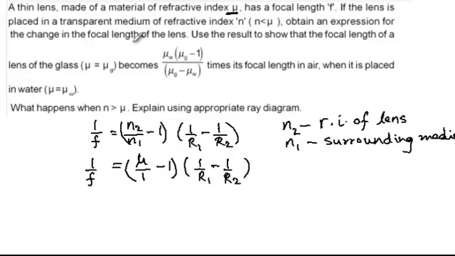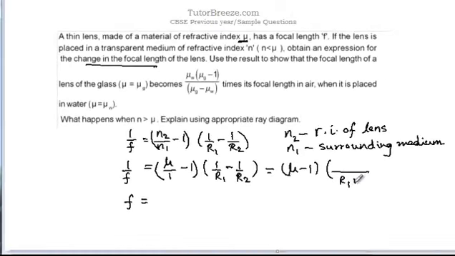In the question, we need to find the change in the focal length. So from this, let's write F. We can write F as mu minus 1 times R1 R2, R2 minus R1.